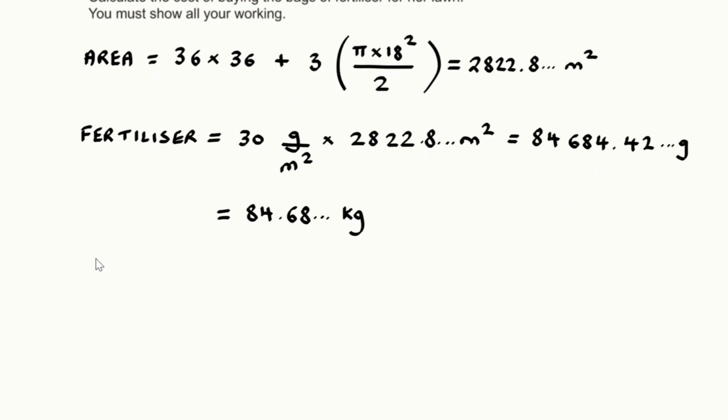So the number of bags we need, well, we know that fertilizer is sold in 10 kilogram bags. So the number of bags we require, we've got 84.68 divided by 10, which is 8.4 etc. So we require 9 bags.